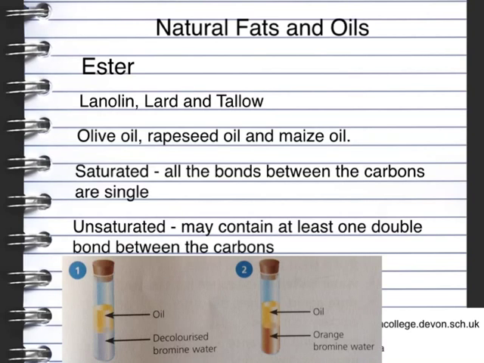So we can see in this diagram we've got decolorized bromine water, meaning that this oil is unsaturated, whereas the saturated oil has all single bonds, so the bromine water cannot attack and it will maintain its orange colour.